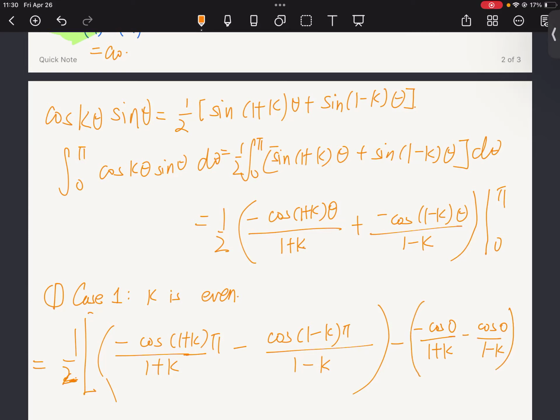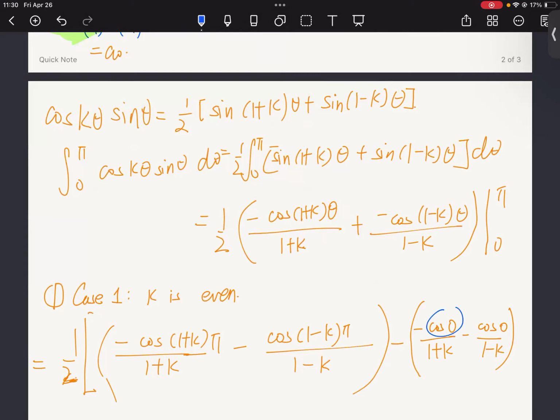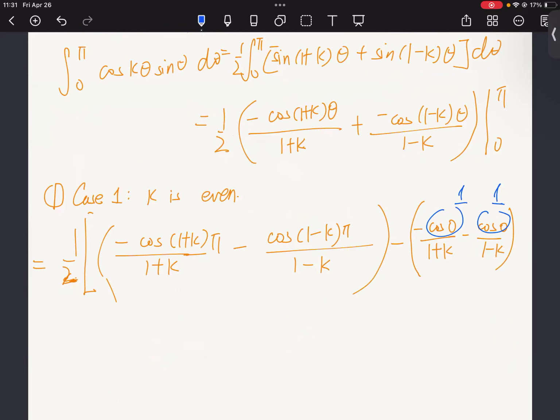Okay, the last two are just cosine 0, which equals 1, right? And the problem is, what is the cosine of (1 plus k) pi? Because k is an even number, even plus 1 is an odd number, and 1 minus k is an odd number too, right?